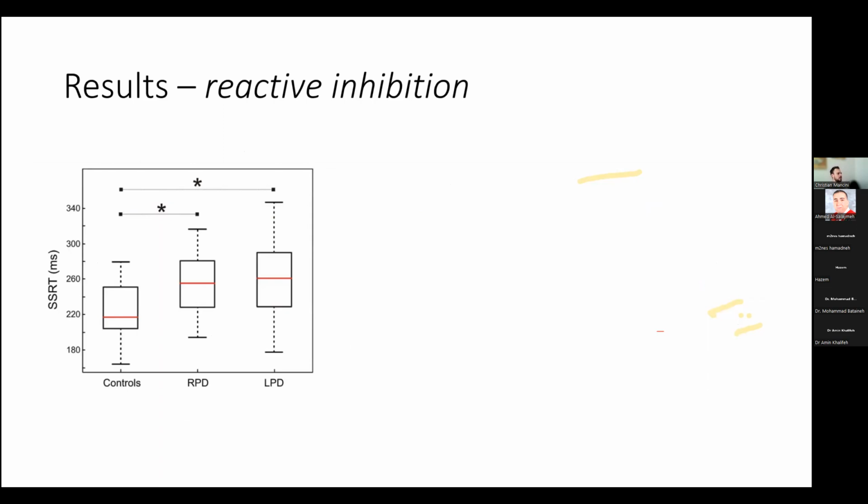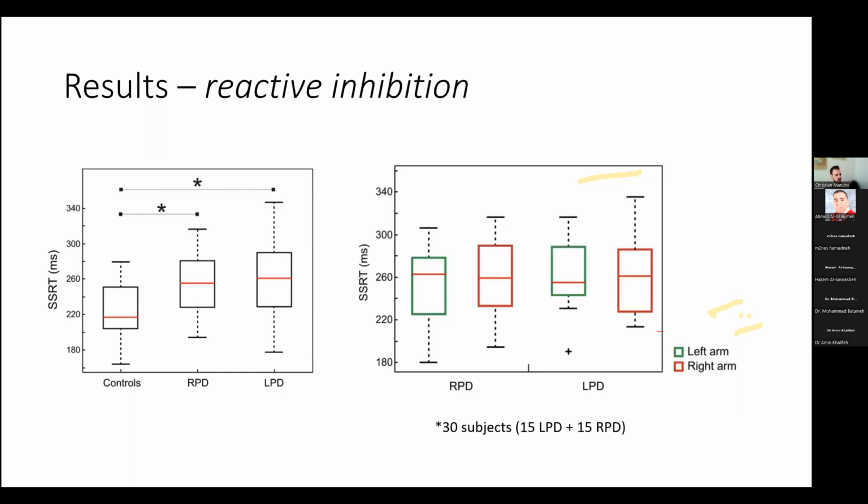As for reactive inhibition, again, there is no difference between right or left patients. They both are significantly more impaired than controls. As you can see, they have significantly longer reaction times than controls. But between the two patient types, there is no difference.